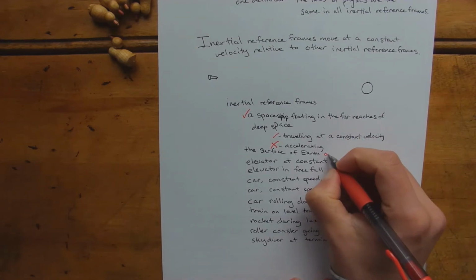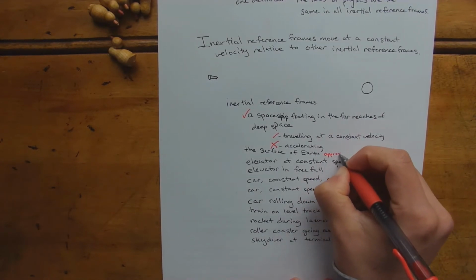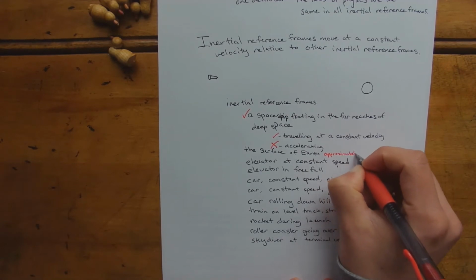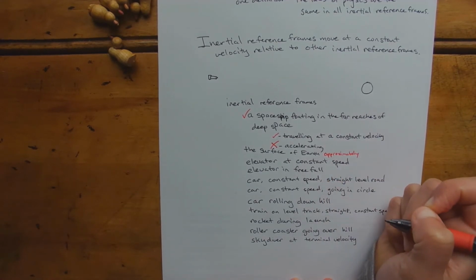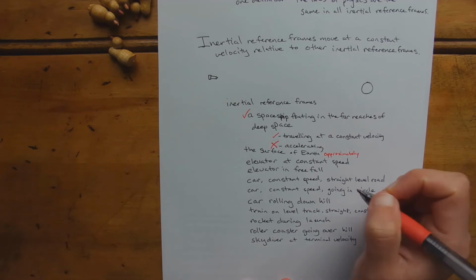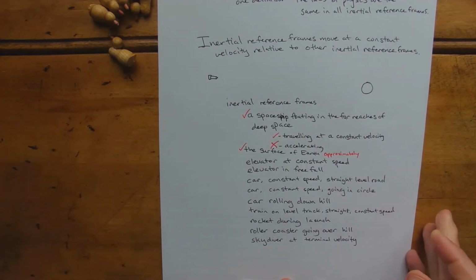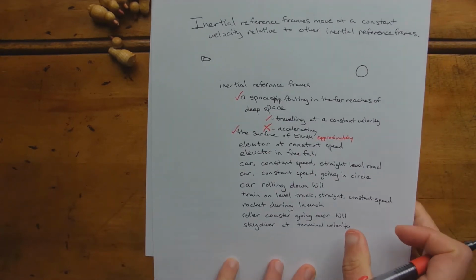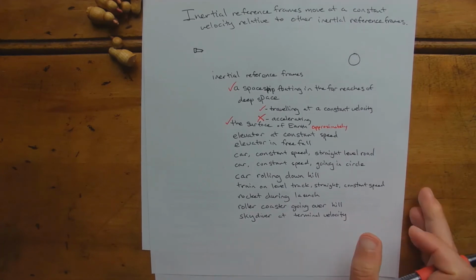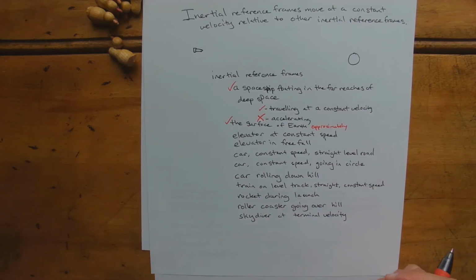And the Earth, we said, can be treated as an inertial reference frame, even though it isn't a true inertial reference frame. But it's nice for us to treat it as one because a lot of the reference frames we look at are moving at a constant velocity relative to the Earth.